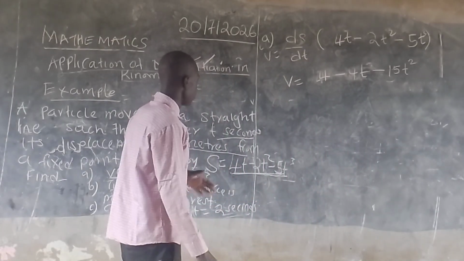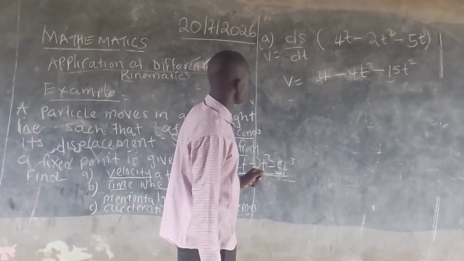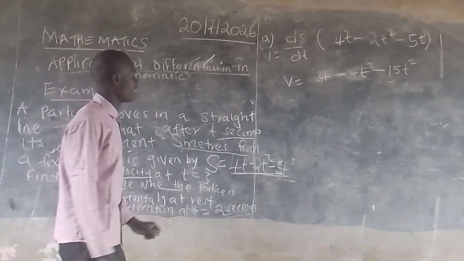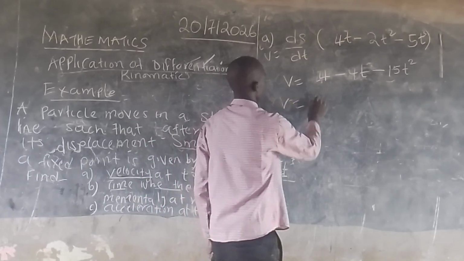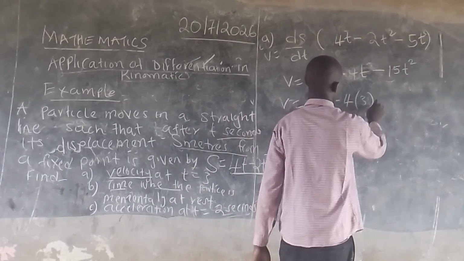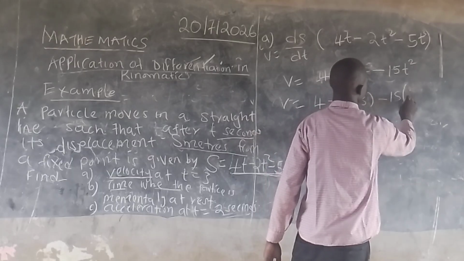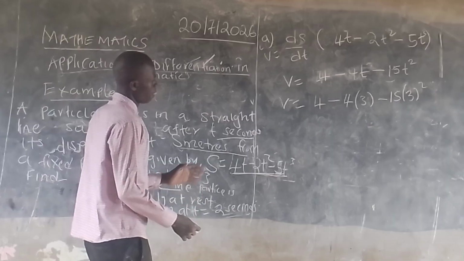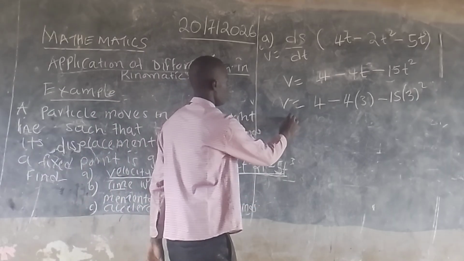Now, after getting the velocity equation, we replace t by 3. So velocity is given by 4 minus 4 times 3 minus 15 times 3 squared. For us to get the velocity, we now compute.